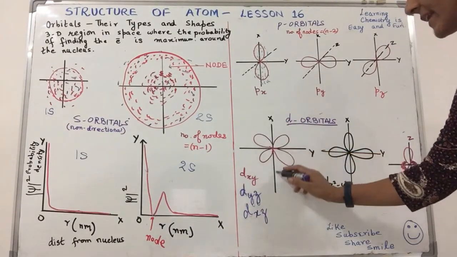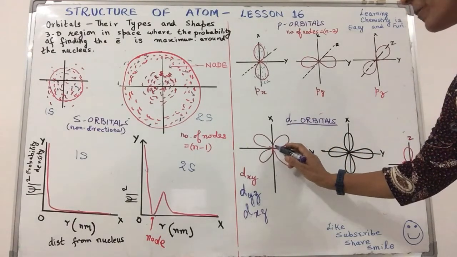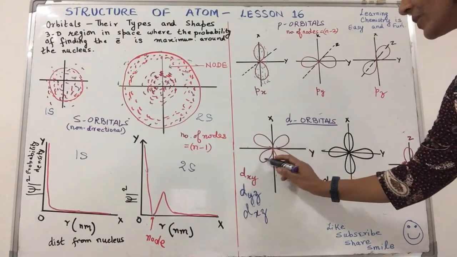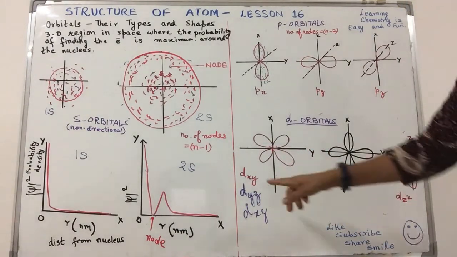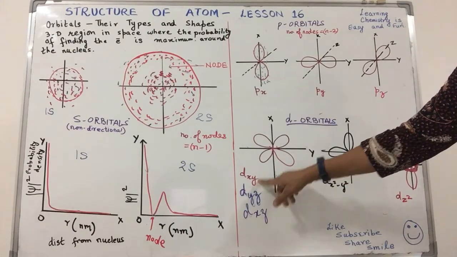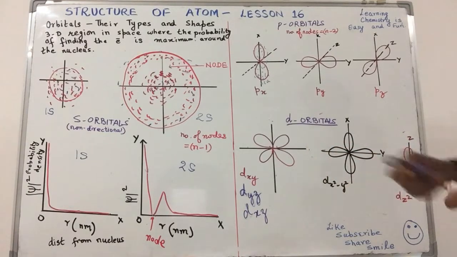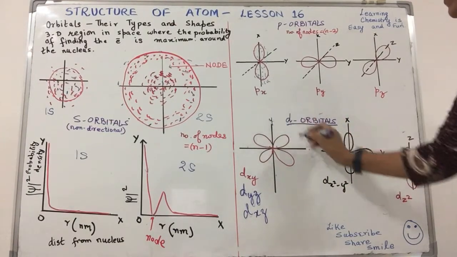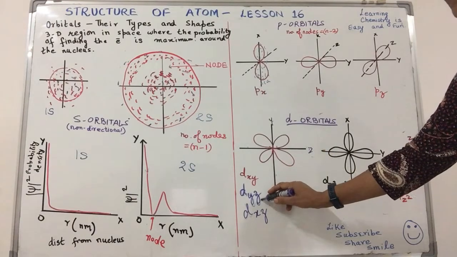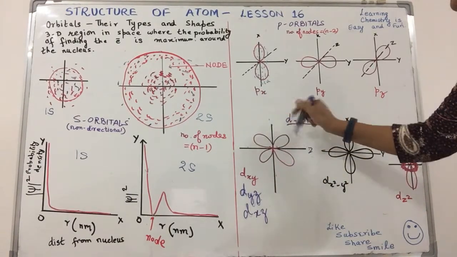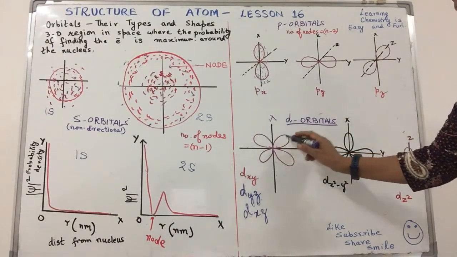I have the x-axis, the y-axis. The lobes of the d orbital are aligned in between the x and the y-axis, and that becomes my dxy orbital. If on the other hand I consider the y and the z-axis, then this becomes my dyz. If I consider these as the x and the z-axis, this becomes my dxz.